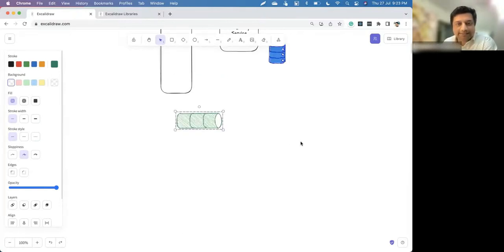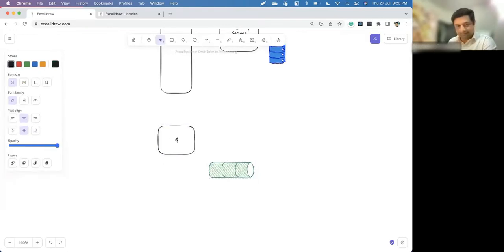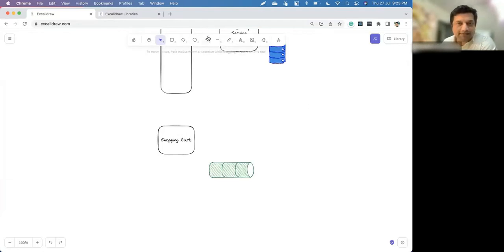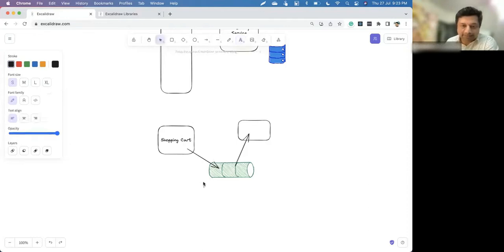So there is another use case. So one use case is, let me start here. So you have here, say, shopping cart service, right? Shopping cart service, if someone makes an order, right, there is an order processing service. So orders will be stored in the message queue, right?